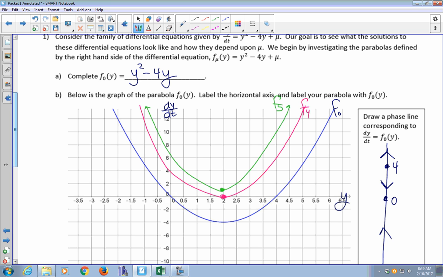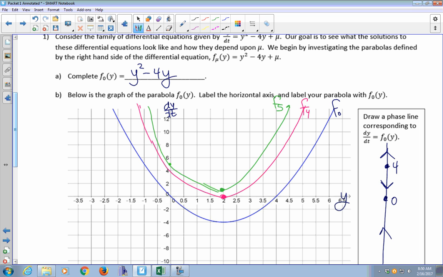Yeah, this one should have gone through 5. The y-intercept of that should be 5, right? So I guess I didn't draw it very carefully. There we go.